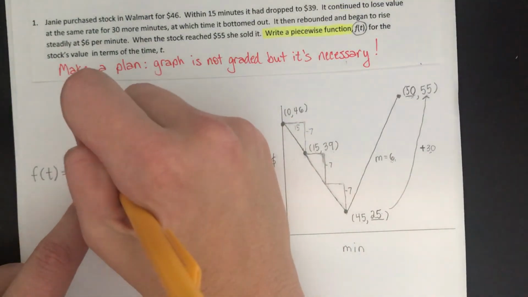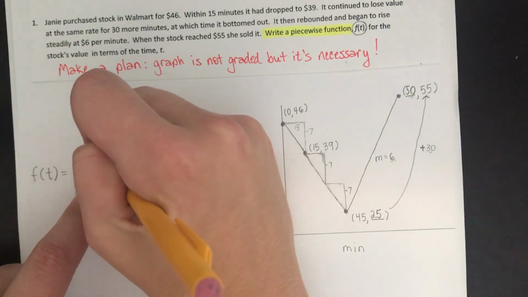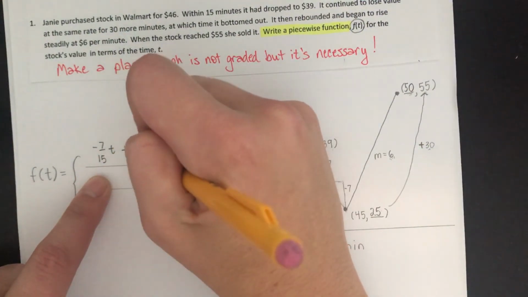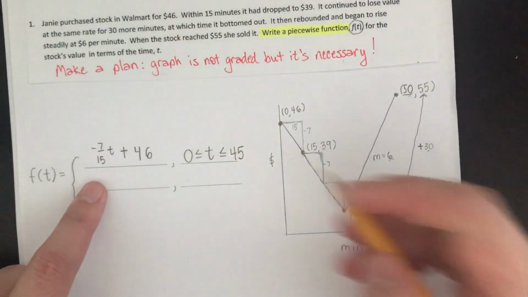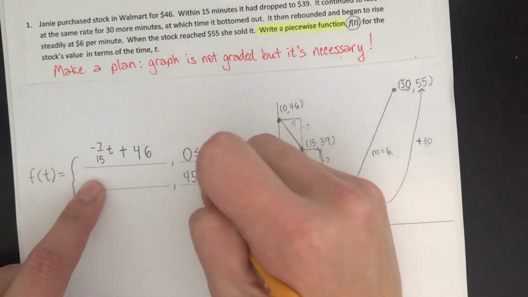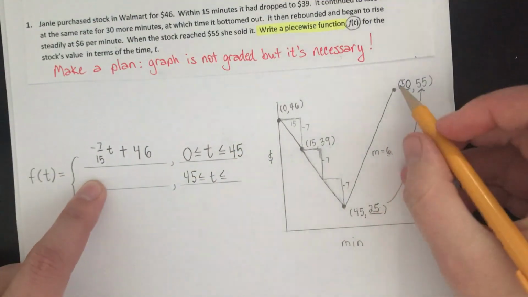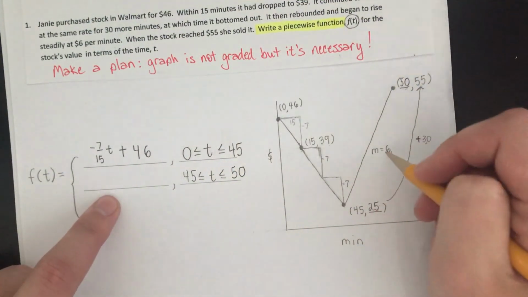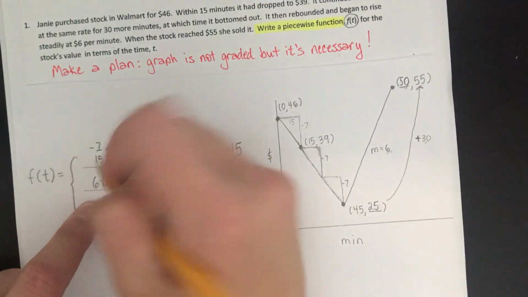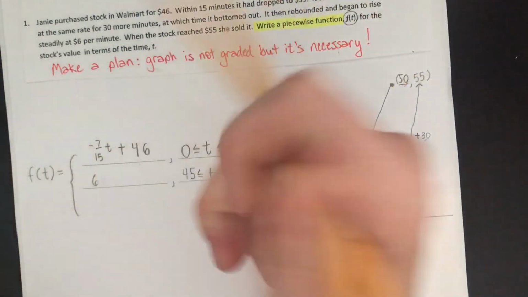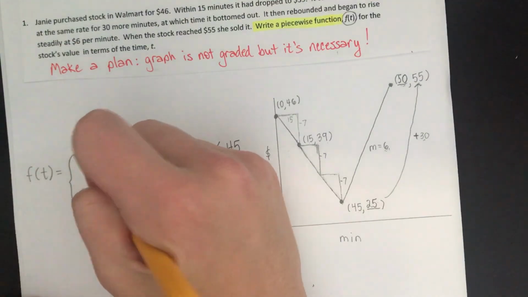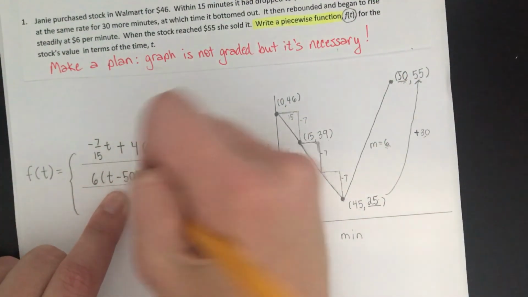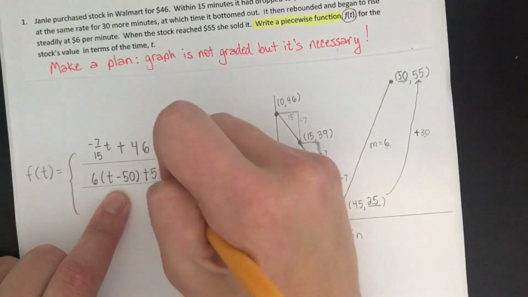So our slope was -7/15 t plus our y-intercept was 46 from 0 to 45, and then from 45 to 50, we had a slope of 6. I always forget to do the little parentheses. 6 parentheses t, we'll use this point here, minus 50, plus 55.